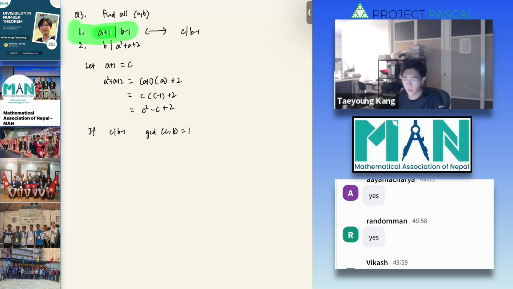This is because GCD of C and B is equal to GCD of C and B minus 1, by the Euclidean algorithm. Since C divides B minus 1, B minus 1 is a multiple of C, and you're able to subtract multiples of C from B. This just gives us GCD of C and 1, which is equal to 1, which explains why it's coprime.